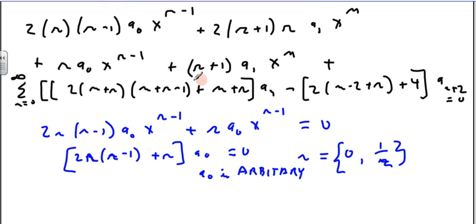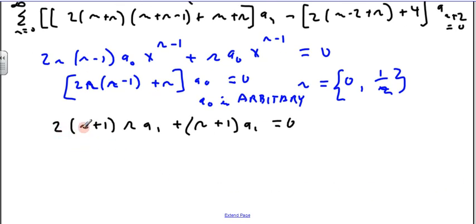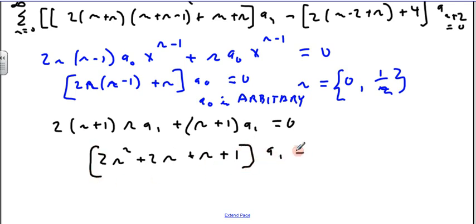I'm now going to look at my a1 term, and I have 2(r plus 1)r a1 plus (r plus 1) a1 is supposed to be 0. Okay, so I've got 2r squared plus 2r plus r plus 1 times a1 has to be 0.